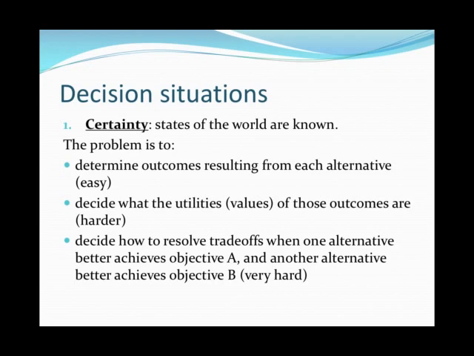The hardest thing is how we resolve the trade-offs when one alternative better achieves objective A and another alternative better achieves objective B. Sometimes there are two problems. Say in this exact case, the patient has cancer. One of their objectives is to get rid of their cancer. Another objective from the same problem is that they don't want to feel sick all the time.